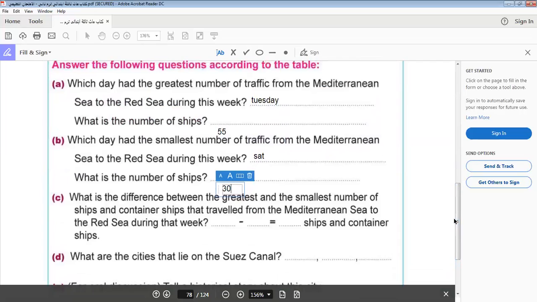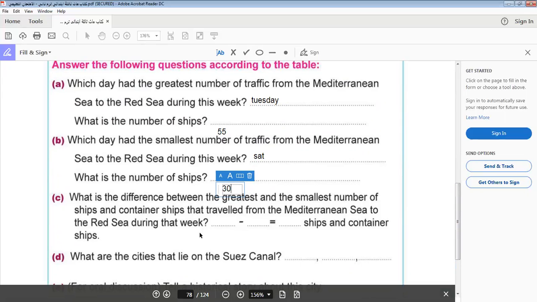And what is the difference between the greatest and the smallest number of container ships that traveled between the two seas during that week?